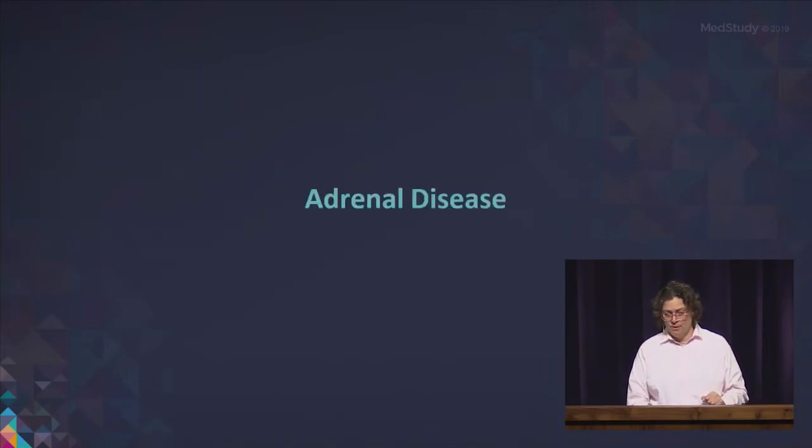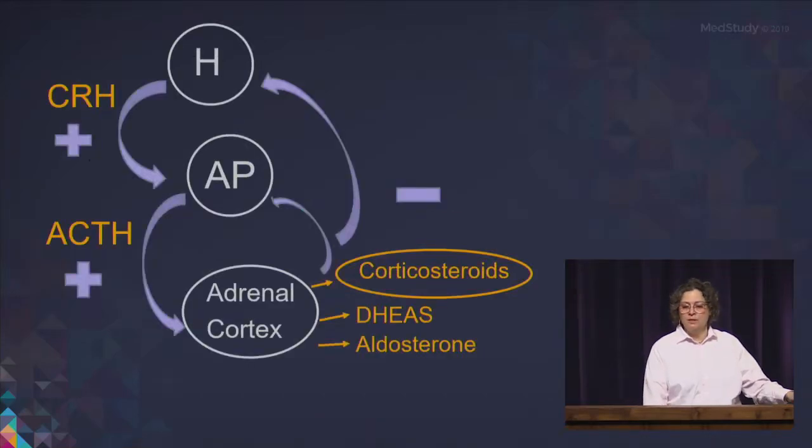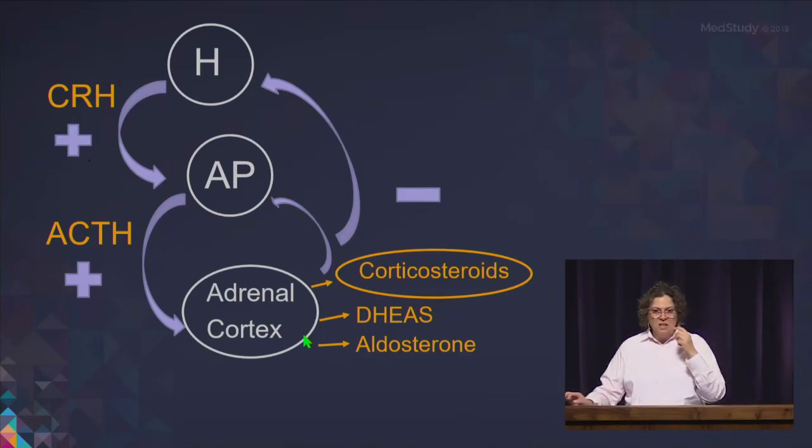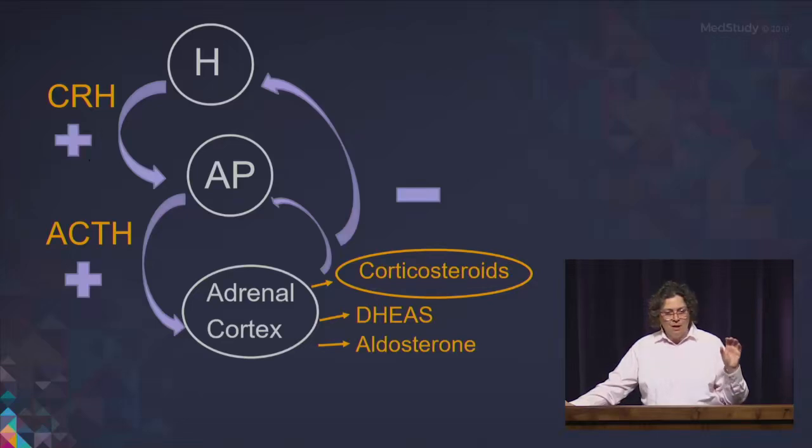Let's move on to adrenal disease. When we're talking about adrenal disease, we are talking about the anterior pituitary making ACTH in response to CRH from the hypothalamus. The ACTH is going to impact all 3 hormones made by the adrenal cortex, but it mostly controls corticosteroid production.